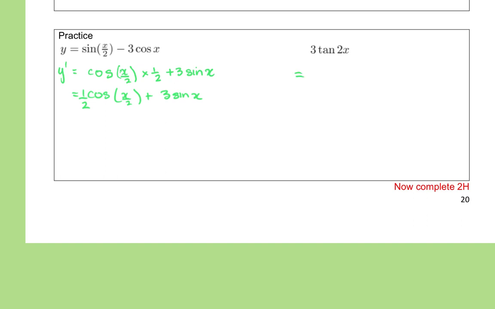Okay, 3 tan of 2x. So 3 times 1 over cos squared 2x times 2, 6 over cos squared 2x.